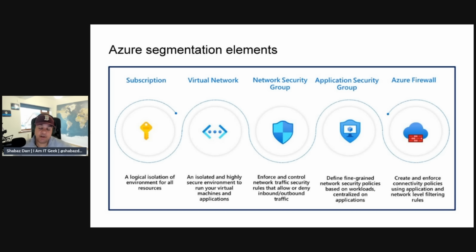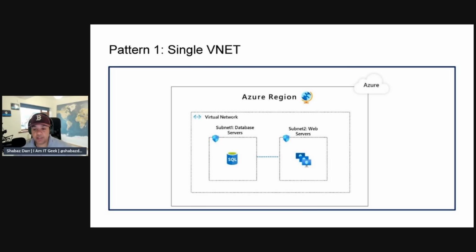You can also filter traffic going to the internet using both Azure Firewall and third parties, by directing some or all of that traffic through third-party security providers for advanced filtering or user protection. So those are some of the segmentation elements we've got in cloud, specifically Microsoft Cloud.